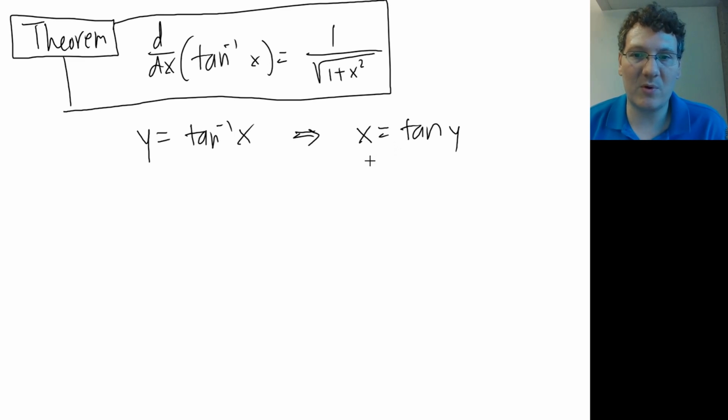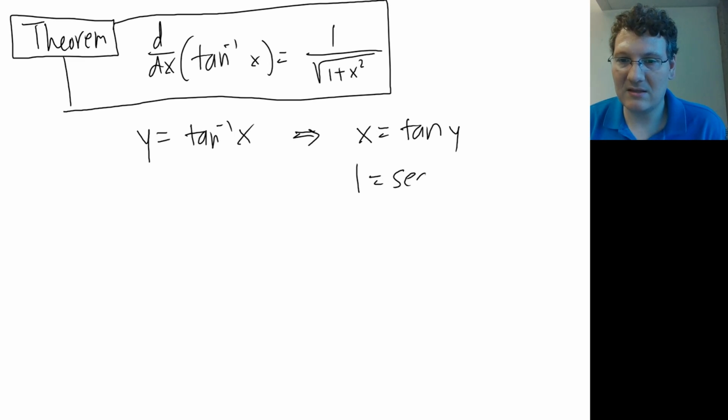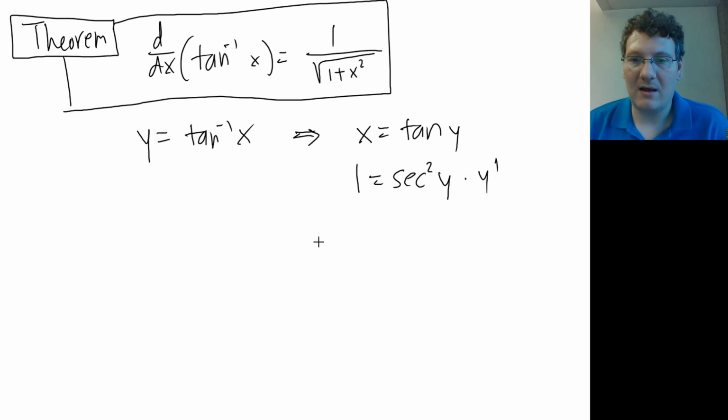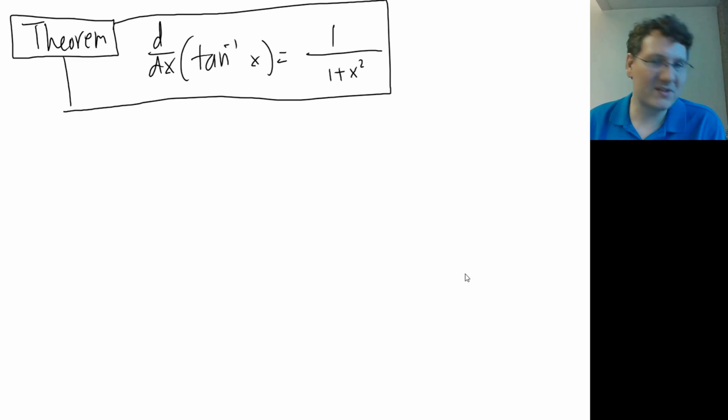Take the derivative of both sides implicitly, and we get 1 equals the secant squared of y times y prime.